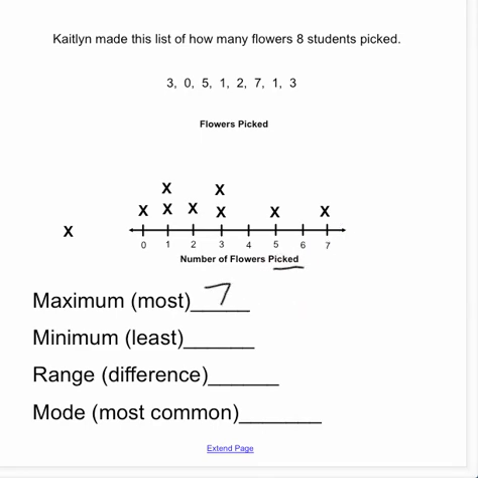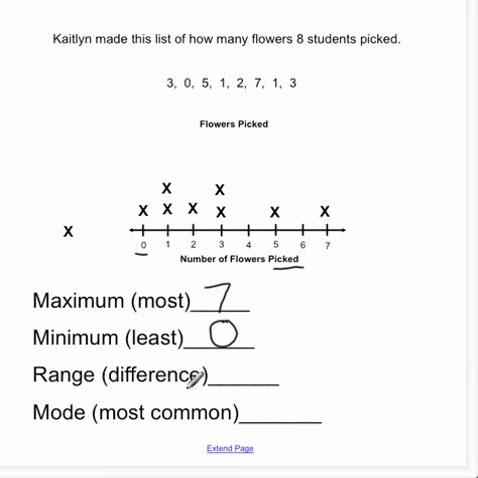So I'm going to put a 7 here. What is the minimum or smallest number somebody picked? If you look down here, the smallest number that somebody actually got was actually none, 0. So 0 is my least number. A poor person didn't find any flowers to pick that day.